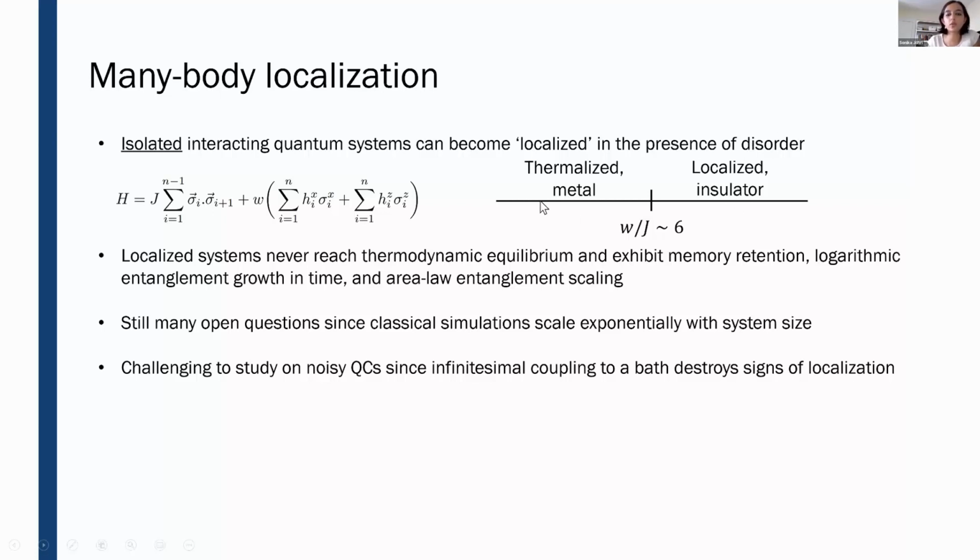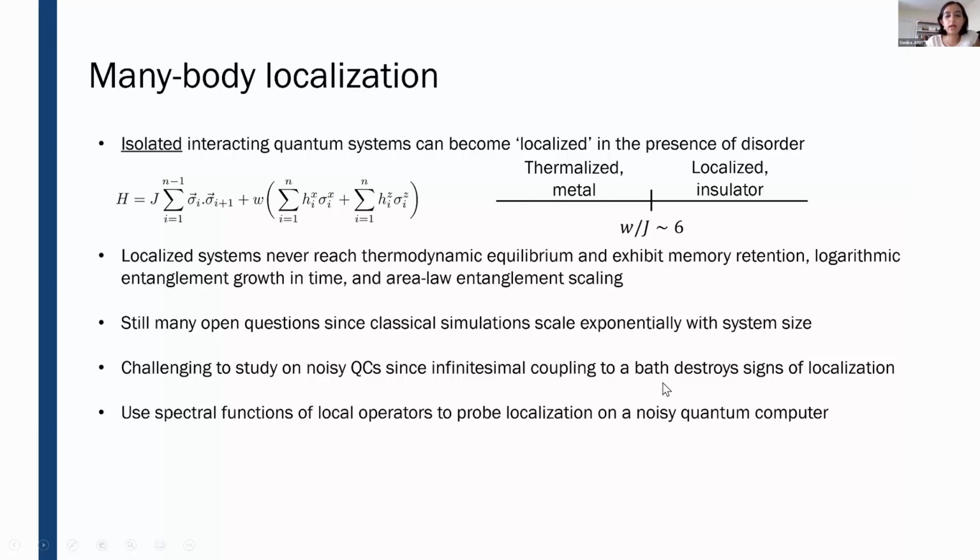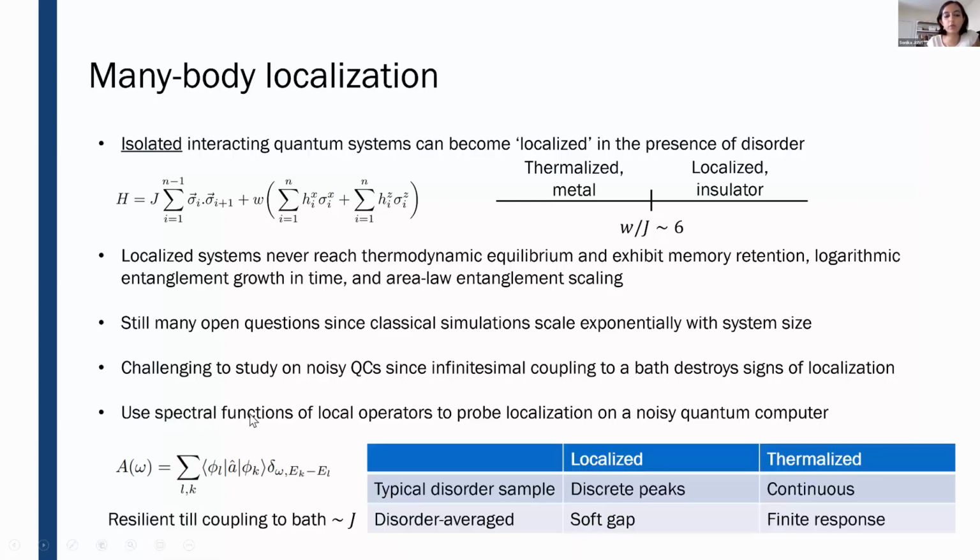It's going to go into a thermal phase, right? So instead, what we did in this project was we designed an observable that can probe localization even in the presence of noise. And these are basically what are called spectral functions of local operators.